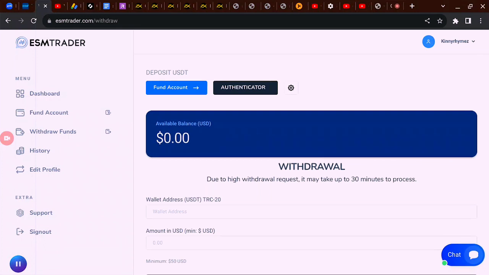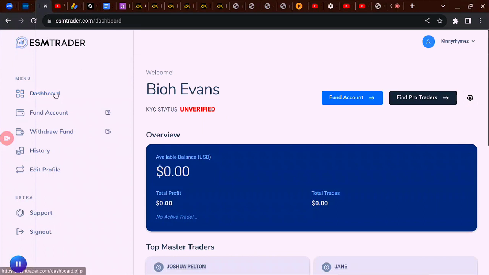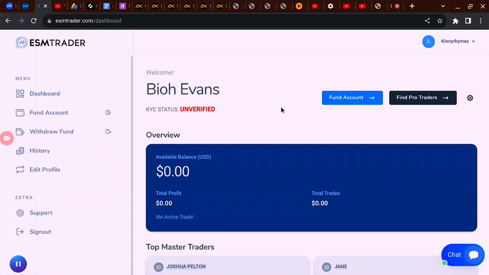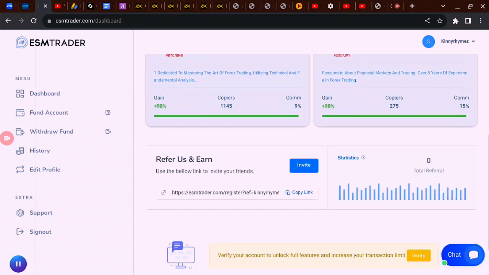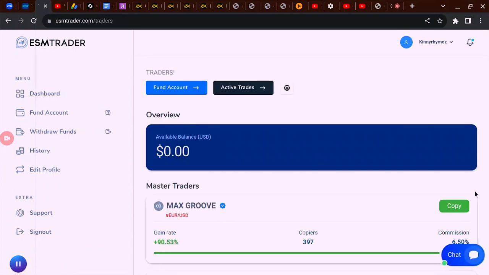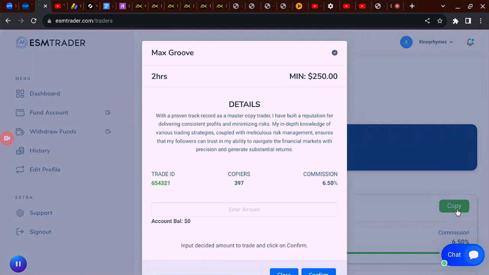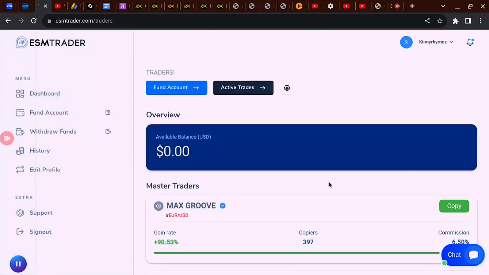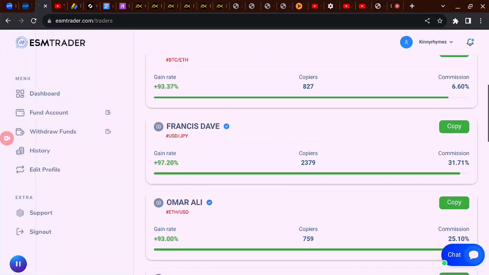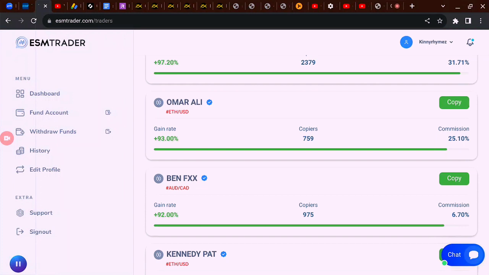So you can invest in people for people to do the trade with your money, and you get your money back. Every trader has his minimum money that he requires, and the time frame. This person, within 2 hours you'll be getting your money plus your commission. So it's simple like that.